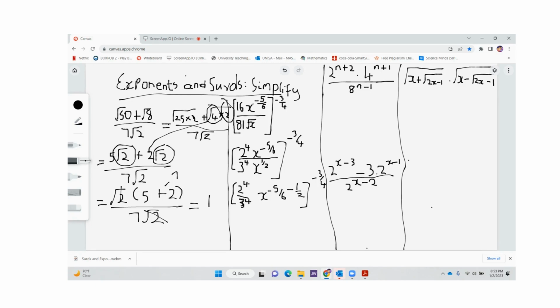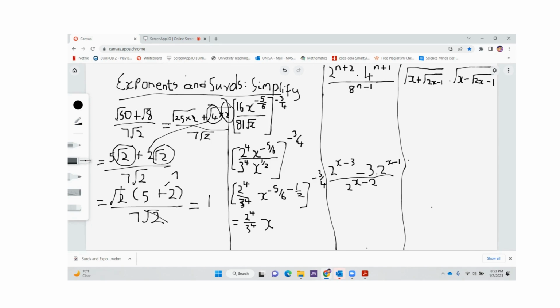So we will have 2 to the power of 4 over 3 to the power of 4, x to the power of minus 5 over 6. I'm just putting it in a calculator.